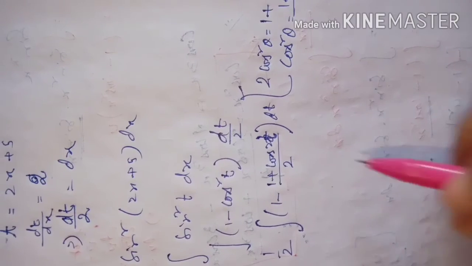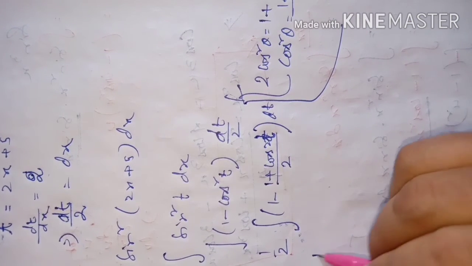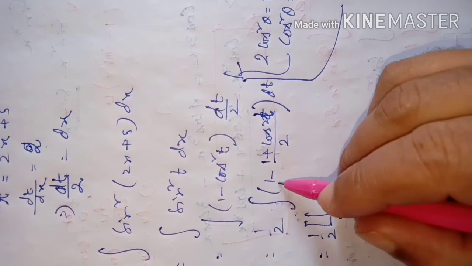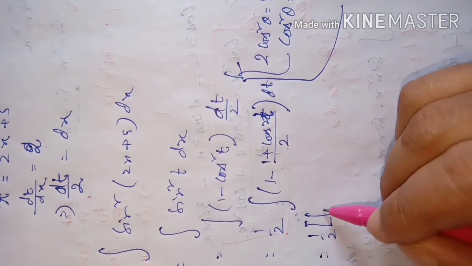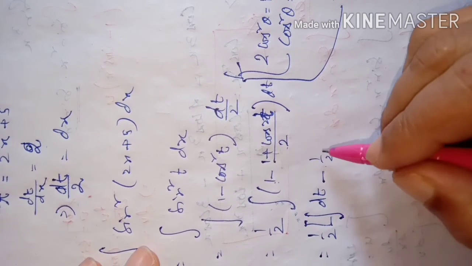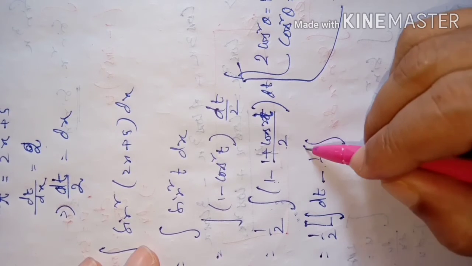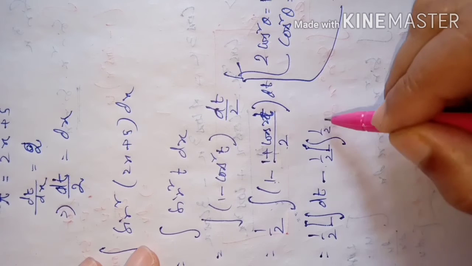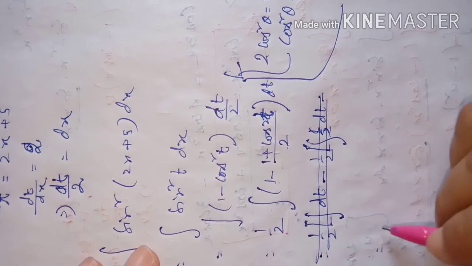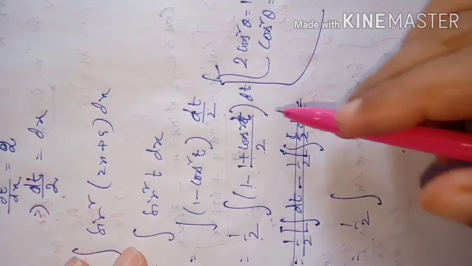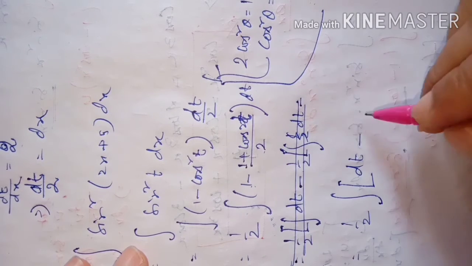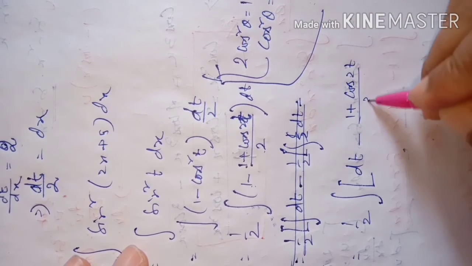Okay, so this is the rough form. Now this whole expression will look like this: half into integration of 1 dt, or just dt, minus again half into integration of 1 plus cos twice t by 2 into dt.